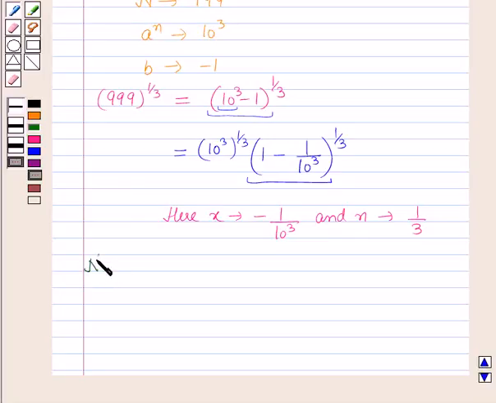Now (10^3)^(1/3) into (1 - 1/10^3)^(1/3).